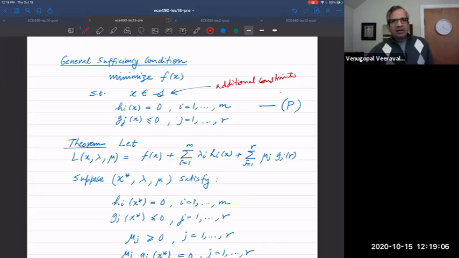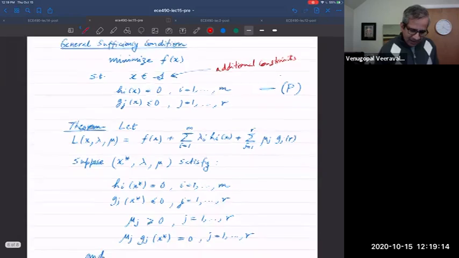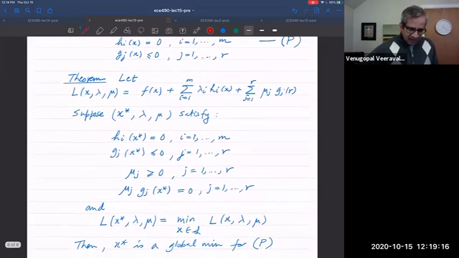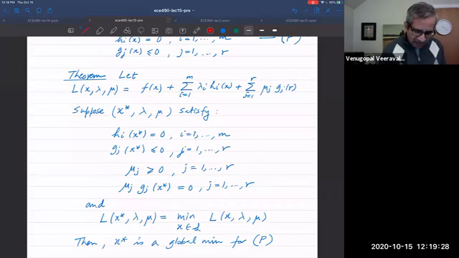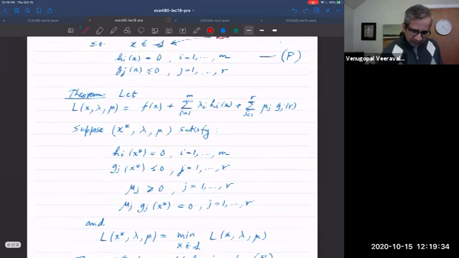There could be some arbitrary constraints on X. So the result says that you could still apply the Lagrangian to get some interesting solutions to this problem. And the way you do that is first define the Lagrangian in the same way as before.